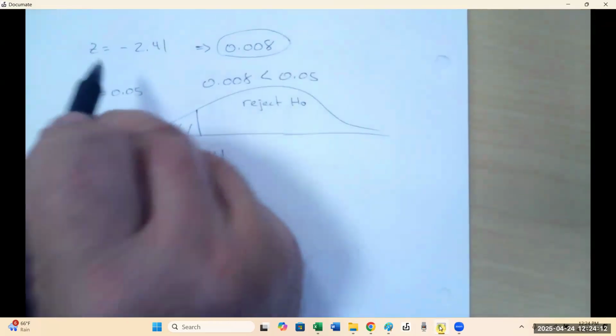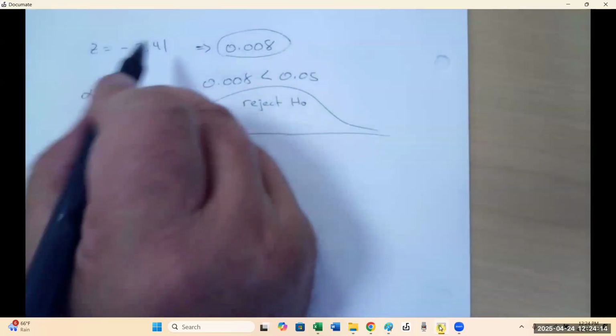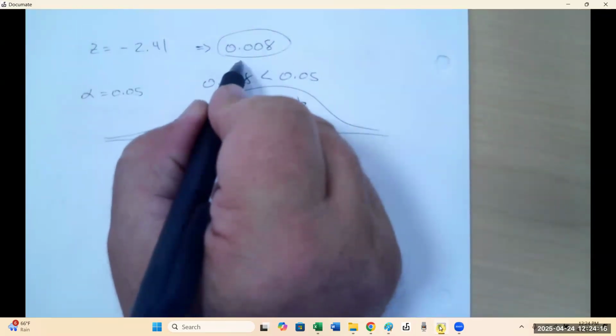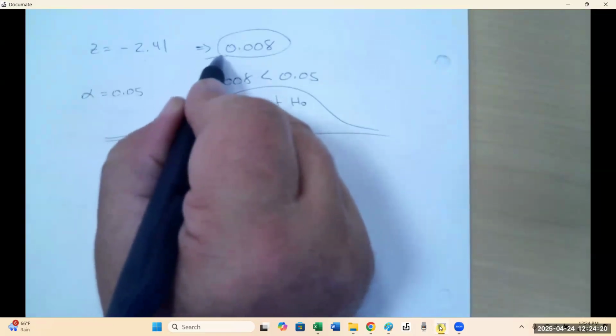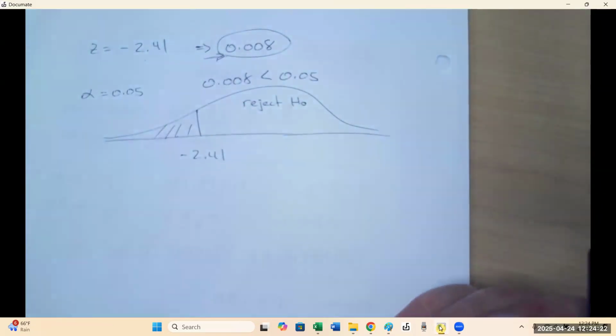Once you find the z value, we found the area, the probability.